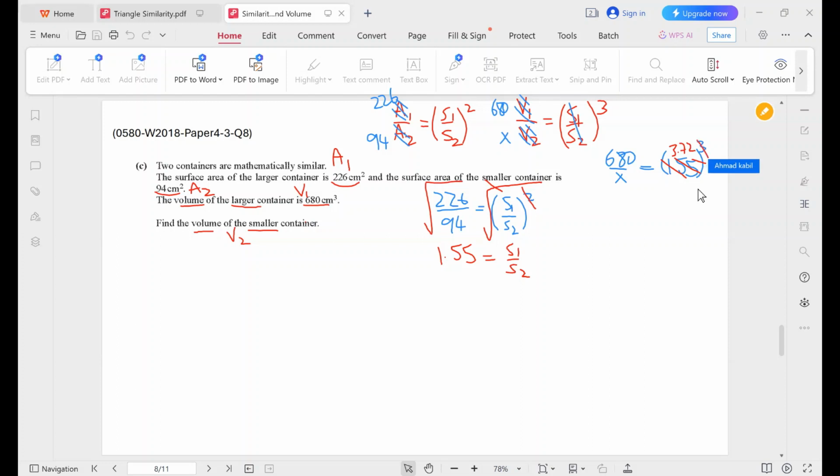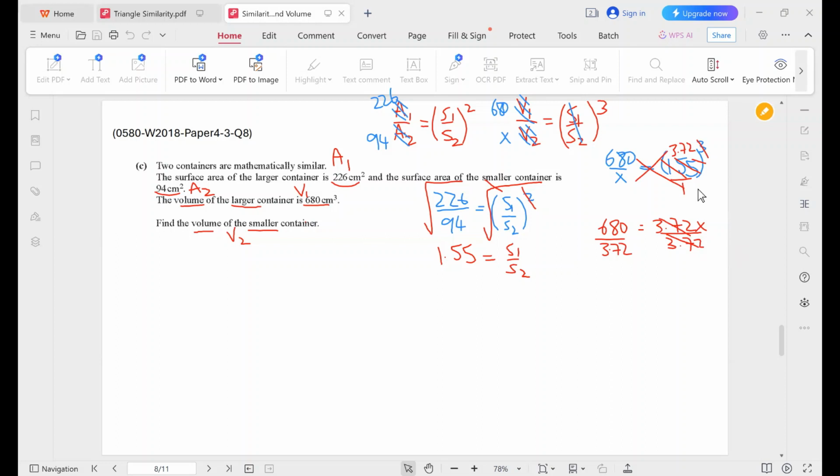And we can do over 1 as well to cross multiply. So we get 680 equals 3.72x. Divide by 3.72 to cancel out the number. You have 680 divided by 3.72.